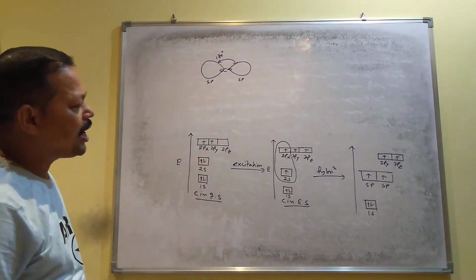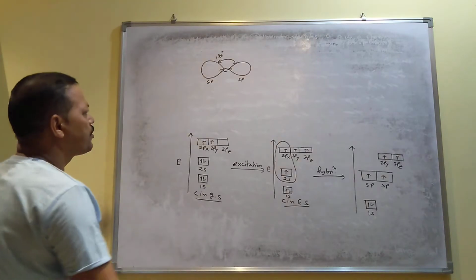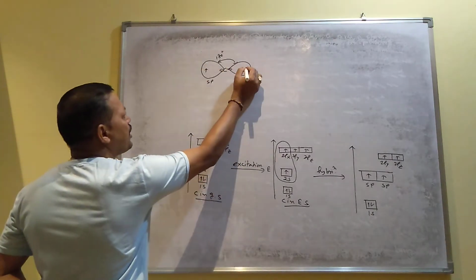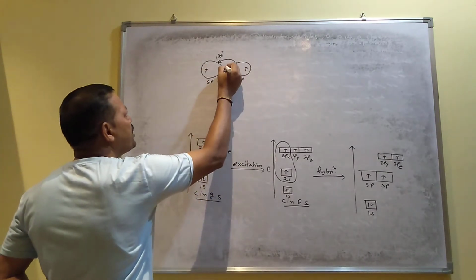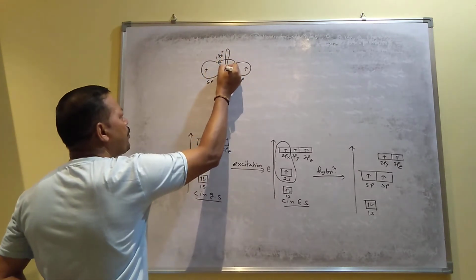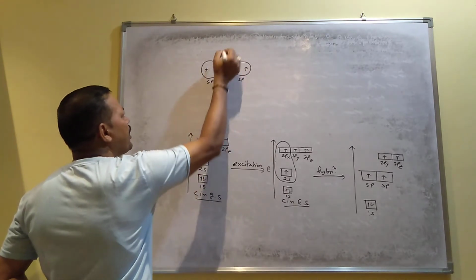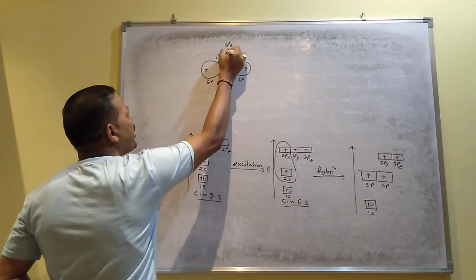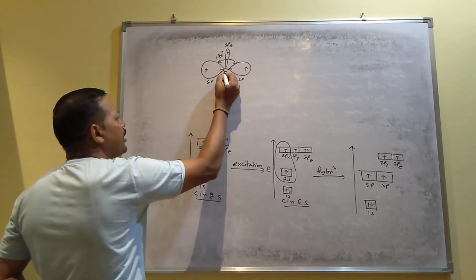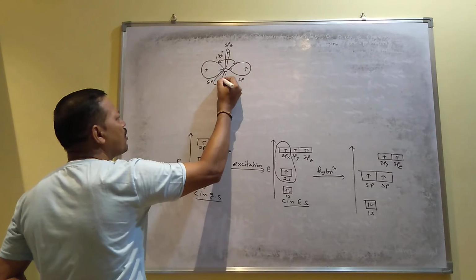And what about the unhybridized 2py and 2pz? Each contains 1 electron. The 2pz lies perpendicular to the plane like this. This is the 2pz orbital carrying 1 electron, and this is 2py.